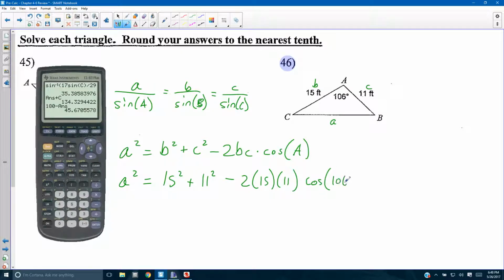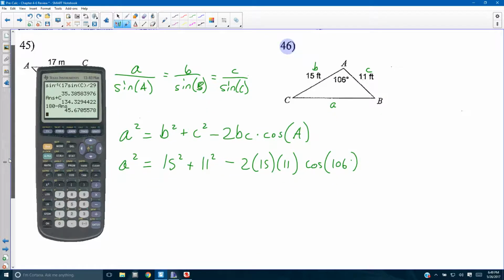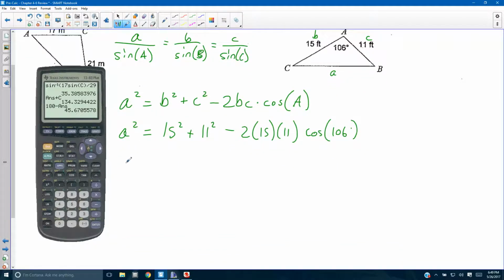And keep in mind here, I'm just going to mention it again. This is an obtuse angle, and in the second quadrant, cosine of this should give me a negative number, which is just something to think about. I'll tell you why in just a moment. This is going to be 225 plus 121 minus 30 times 11 is negative minus 330 times this number right here. I'm going to leave it like that.